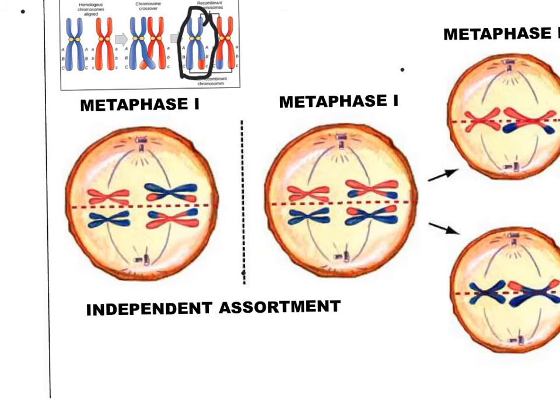So, here we have a red chromosome on top and a blue chromosome on the bottom. Or you could have a blue and red chromosome on the top, mainly blue, or mainly red on the bottom. Or you could also have, on the left, blue on top, red on the bottom. This is called independent assortment.